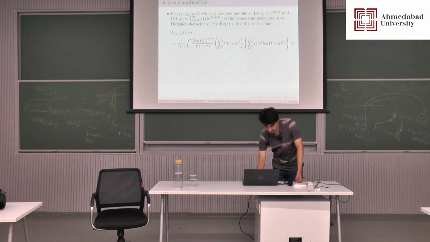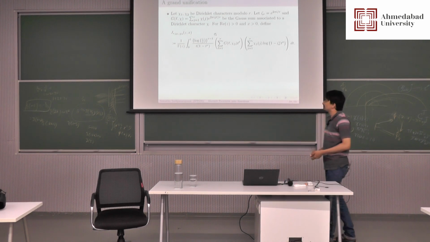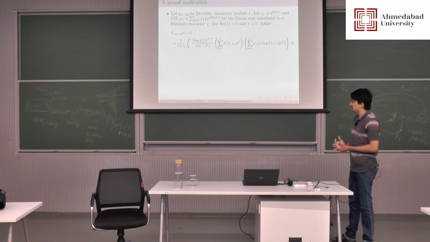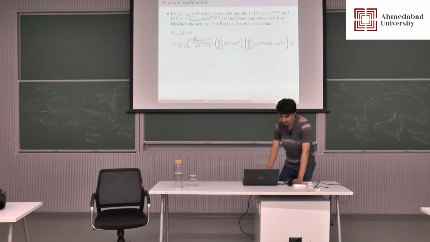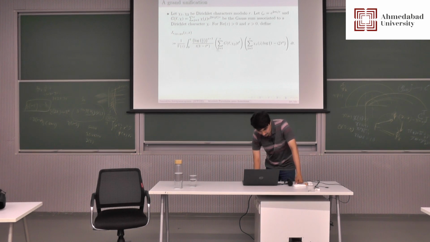Then for real z greater than 0 and real x greater than 0, this integral is defined by this: 1 by gamma z as it is, the factor which we always had, log 1 by t, and this one I will tell you about a little later. This is a sum involving the Gauss sum, and this is just a character polynomial, character logarithm.